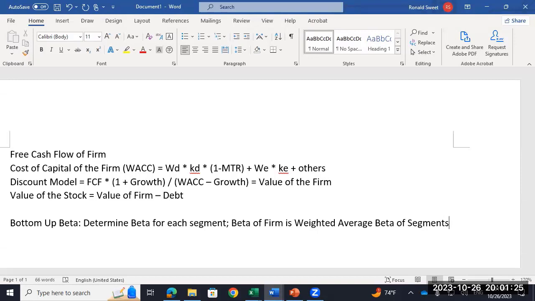So if you do Disney, you've got movie producer, theme park, you've got cruise line, you got some TV, online, you got digital, you got all these different businesses. You take those segments and assign a beta to each one of them. And the way you do that is you find a competitor that only does that one thing, which is pretty tough. I mean, you could take Six Flags, right? Get their beta adjusted for their debt and use that for the theme parks.